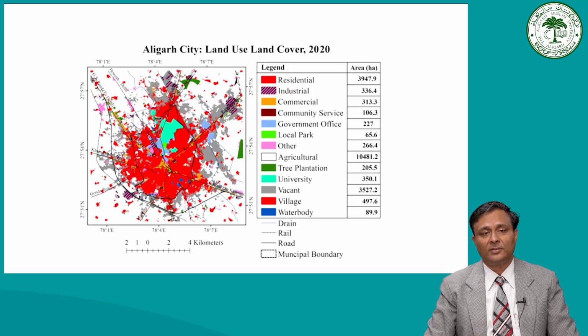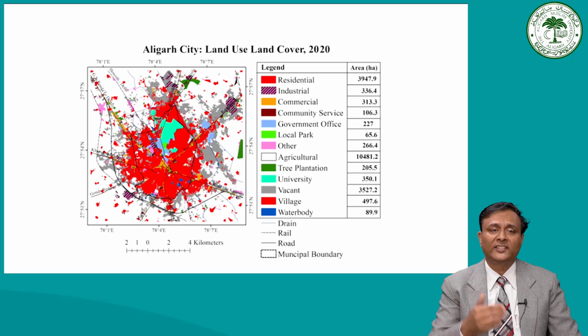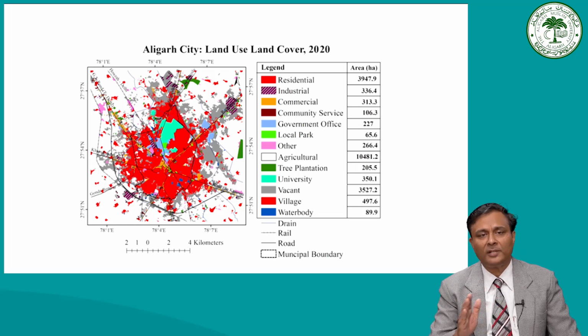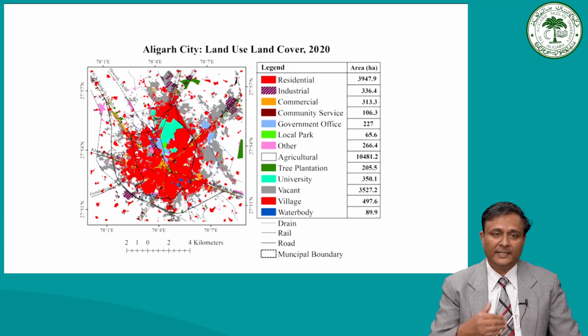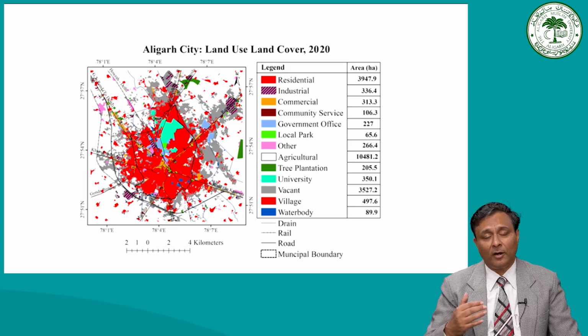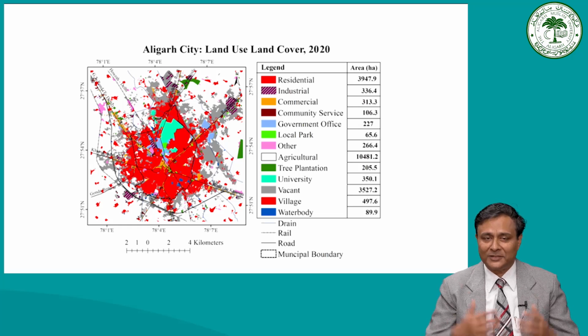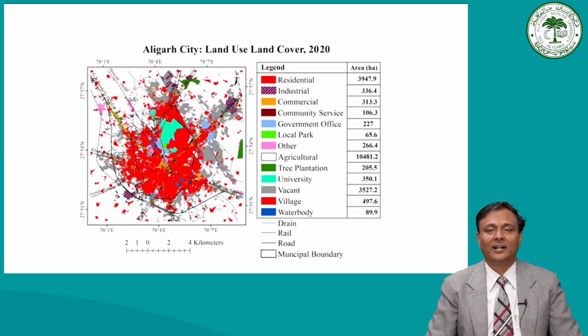So I would suggest that you think about it, and see if you can explain how temporal changes have occurred in the city, which land use classes were dominant in the expansion of the city, and on which land use class the city has expanded. That would be a very interesting inference which you can draw.